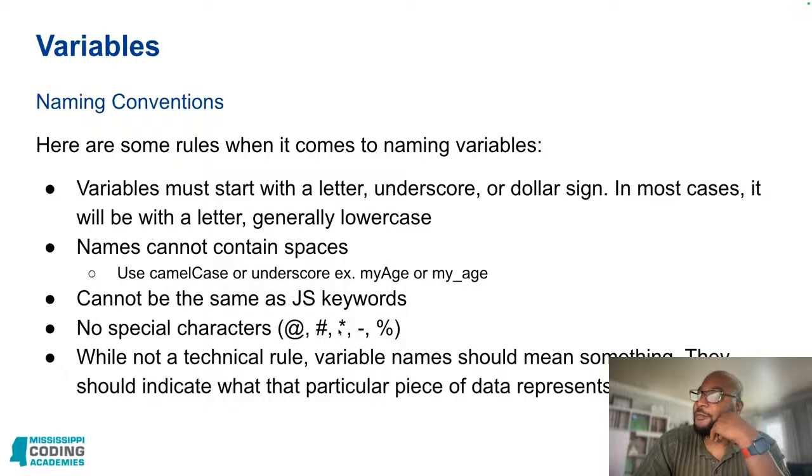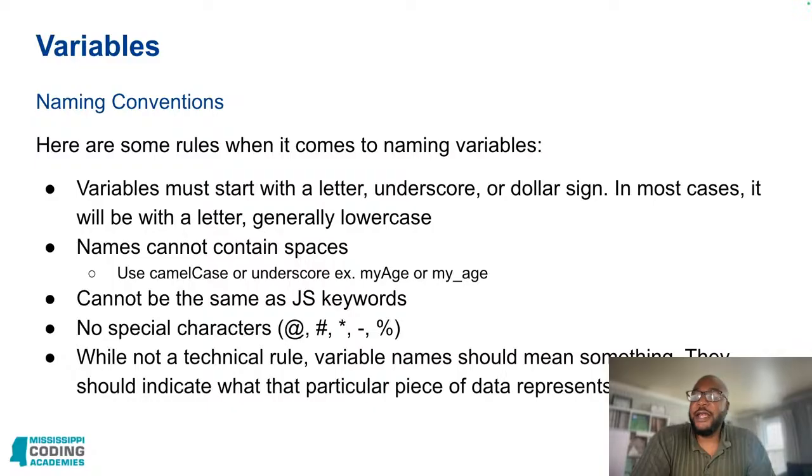That's what it's called. No star. No hyphens. Okay, this is important. Some people like to use a hyphen. You cannot do that when it comes to variable names. And no percent symbols. So can I use that when creating a variable name?